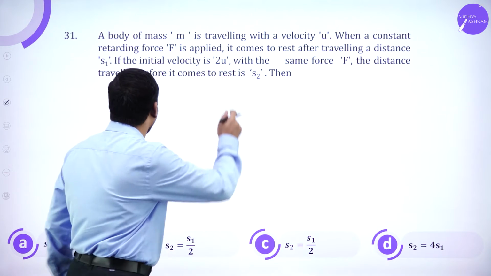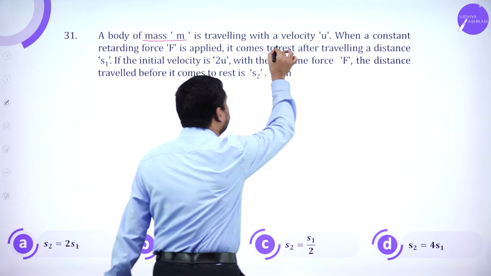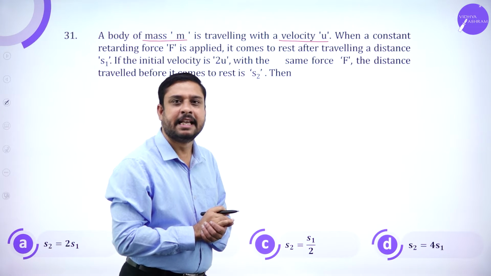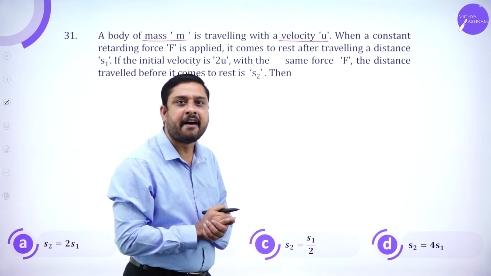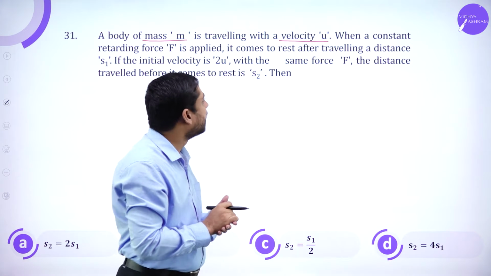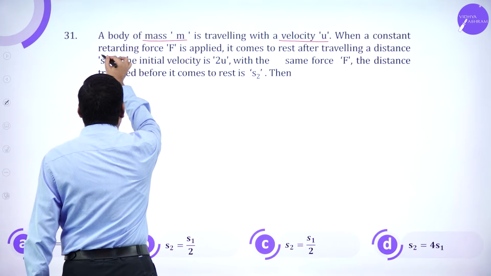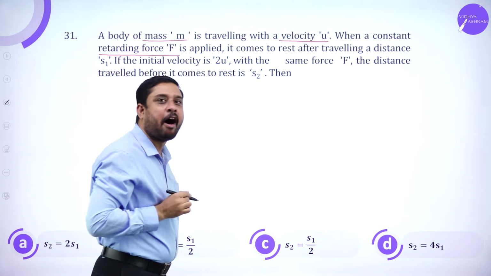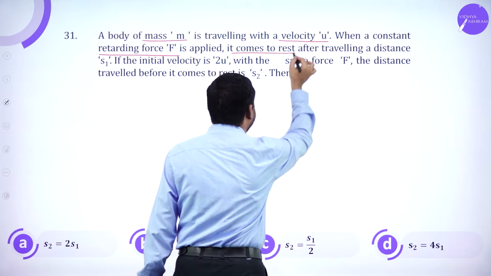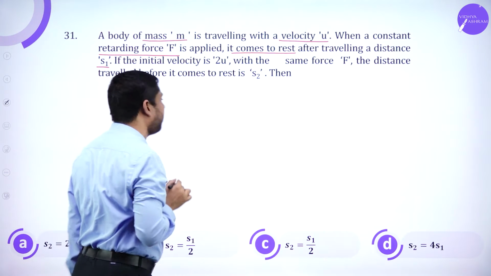Now, a body of mass m is traveling with a velocity u. When a constant retarding force is applied, it comes to rest after traveling a distance s1.